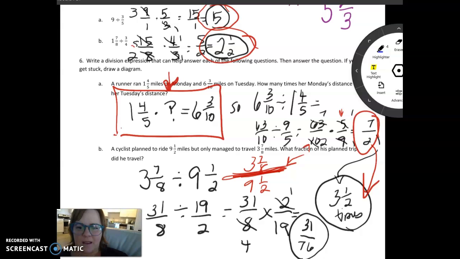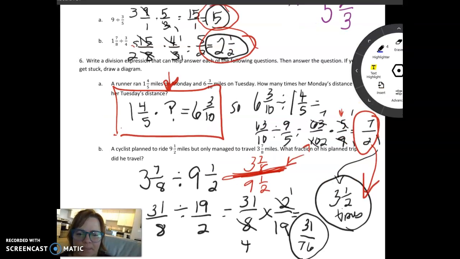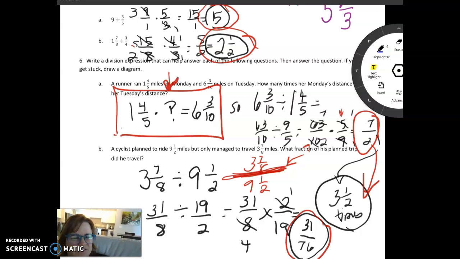My 3 7/8 mixed number is 31/8 as an improper fraction. My 9.5 is 19/2 as an improper fraction. And when I multiply by the reciprocal, I end up with 31/76. So I know that he traveled 31/76, which is almost half, I would say, of what he planned on traveling.